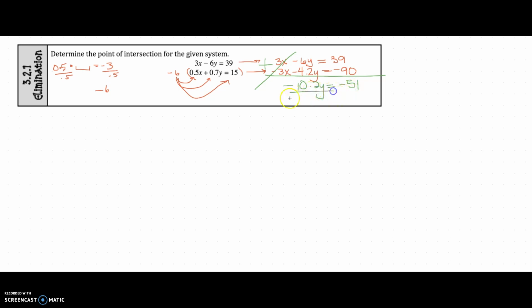So then my last step, I want to divide by -10.2, and I get y equals -5.